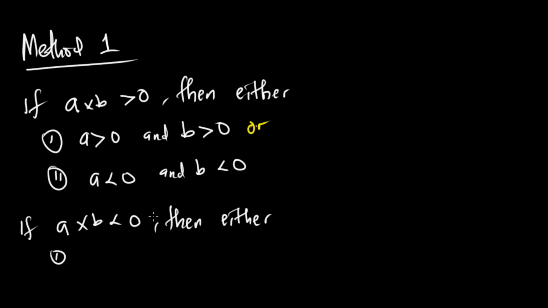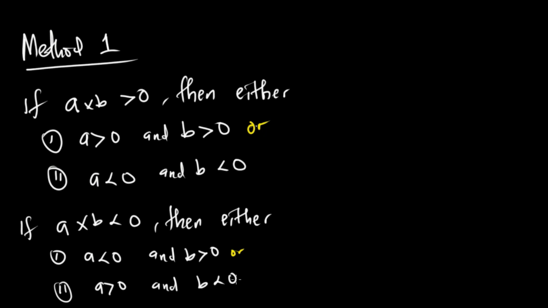The first one says that a is less than 0 and b is greater than 0, or we have a greater than 0 and b less than 0. And this quite makes a lot of sense if you try to analyze these two expressions. For us to have a multiplied by b less than 0, one of the expressions must be less than 0.